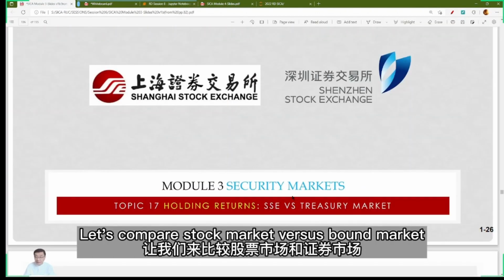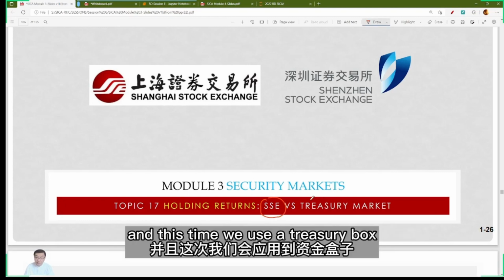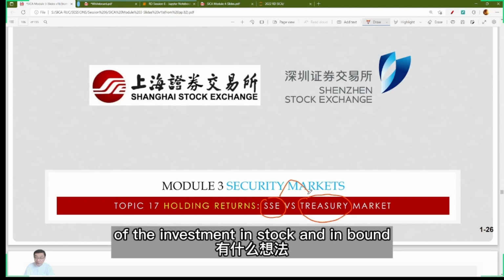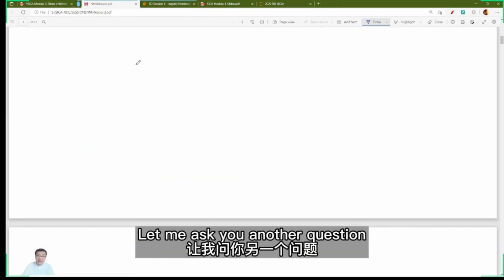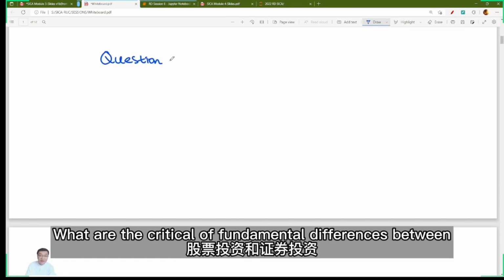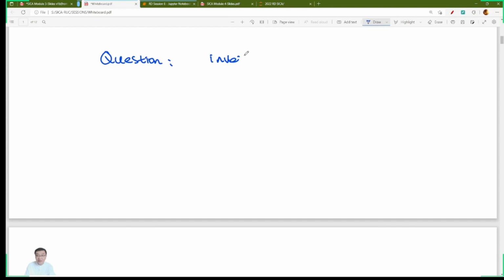Let's compare, okay, stock market versus bond market, and this time we use treasury bonds. So what do you think about the big differences of the investment in stock and in bond? Let me ask you another question. What are the critical or fundamental differences between an investment in stock and in bond?